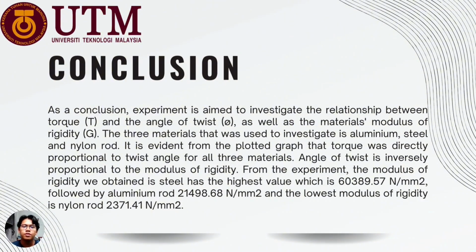It is evident from the plotted graph that torque was directly proportional to twist angle for all three materials. Angle of twist is inversely proportional to the modulus of rigidity. From the experiment, the modulus of rigidity we obtained is highest for steel, followed by the aluminum rod, and the lowest modulus of rigidity is the nylon rod.